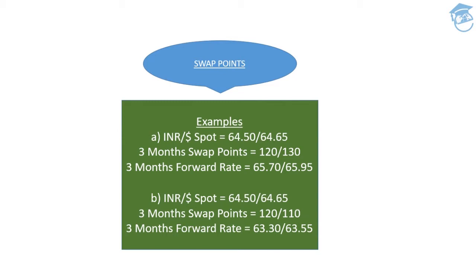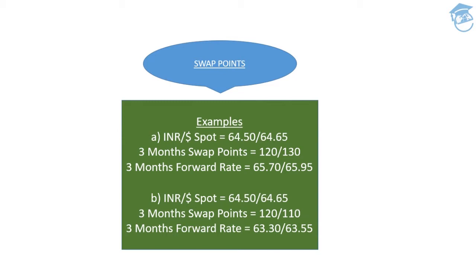So if I add 120 swap points to the spot of 64.50, what will be the 3-month forward rate bid? That will be 65.70. What I did was, basically I added 1.20. Swap points will be classified on a 100 point basis. So 120 will be like 1.20. So I just added 1.20 to 64.50.